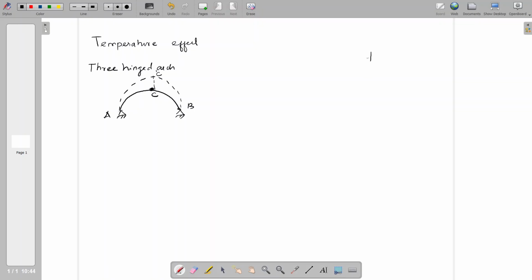In the two hinged arch, we have only the supports, there is no crown point. So the vertical reaction will counteract the vertical loading. The horizontal reaction will take over some additional value due to the temperature rise. So the H will change.